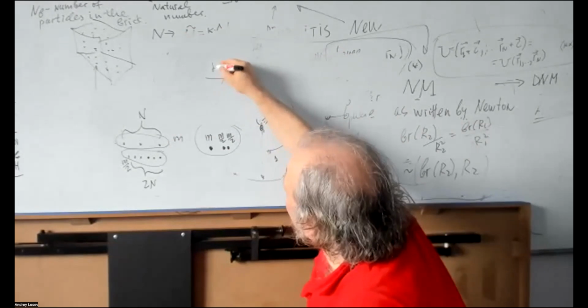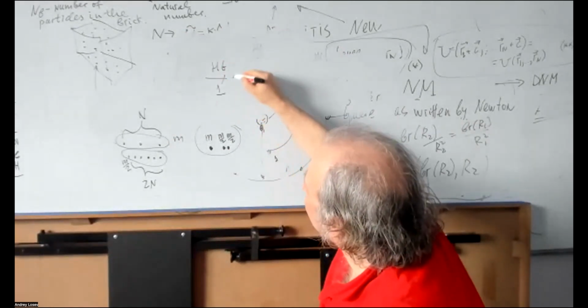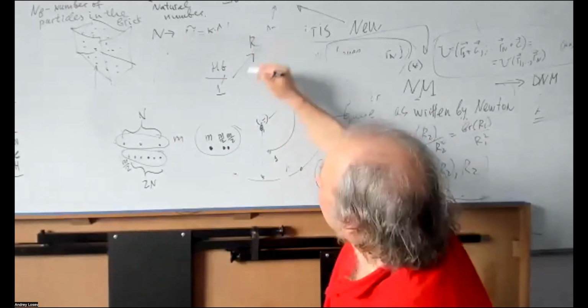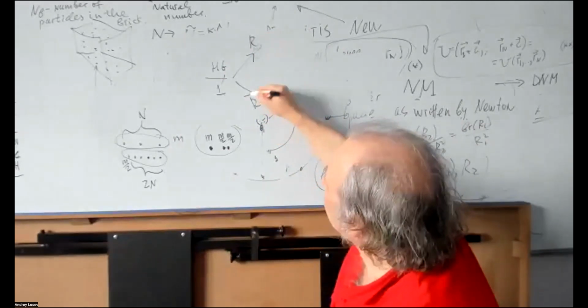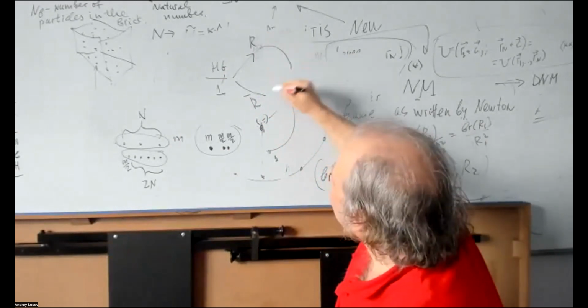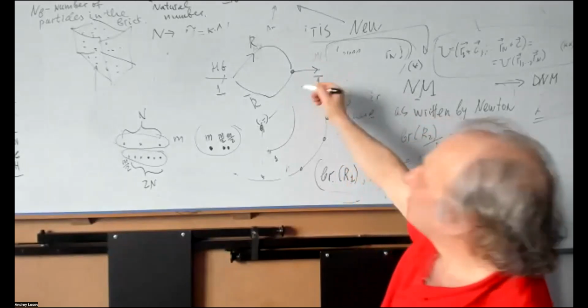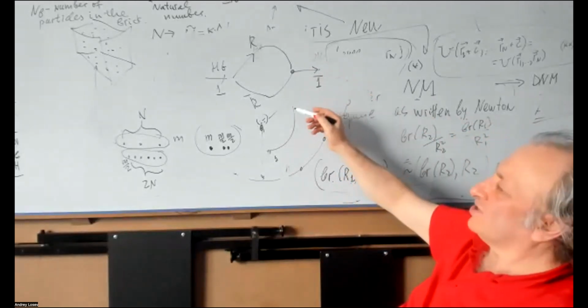So here we have high energy. Representation, say trivial. Here we can get representation R, representation R prime. Something happened and you are back with a trivial representation.